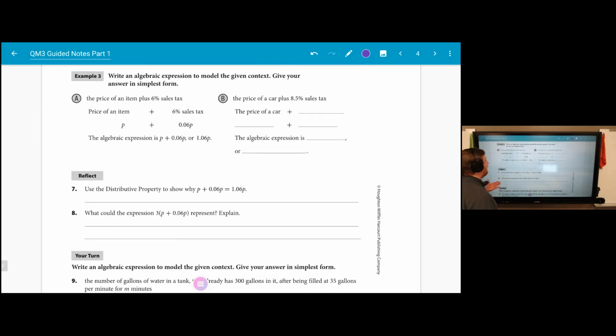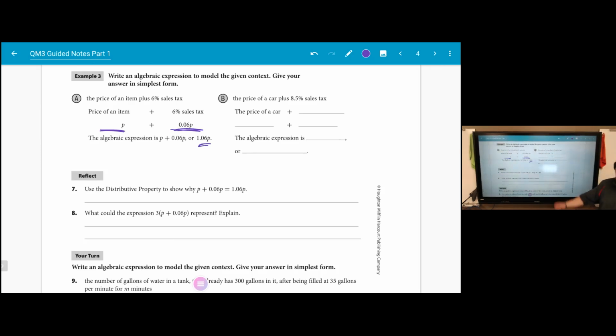That's what we're going to work through. The price of an item is P, and sales tax is figured by multiplying 6% in Michigan times the total cost of whatever you bought. So the expression is P, that's the price, plus the tax, 0.06 times P. You add those together, you get 1.06P.